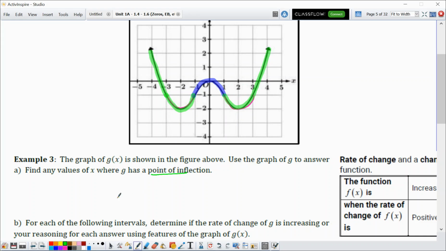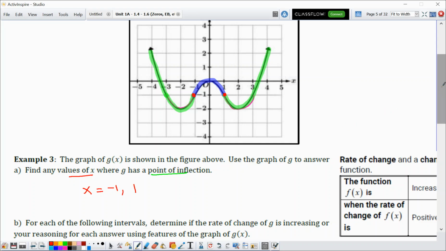Now, what is a point of inflection? A point of inflection is where concavity changes sign. It is always the x values. What values of x? You can say x equal to -1 and 1. That's where the concavity changes from up to down, down to up.